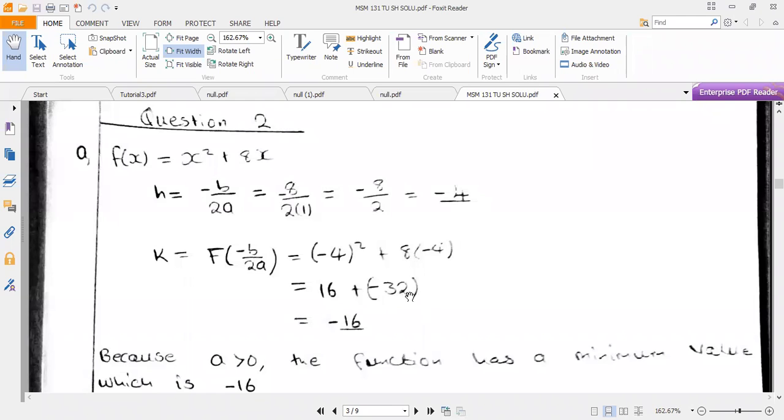So 16 minus 32 gives us negative 16. Since our a is greater than 0, the function has a minimum value, which is negative 16. The minimum value is the number you find after placing your h into the equation.